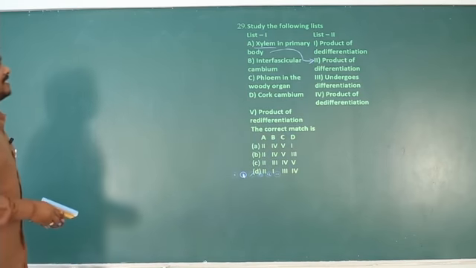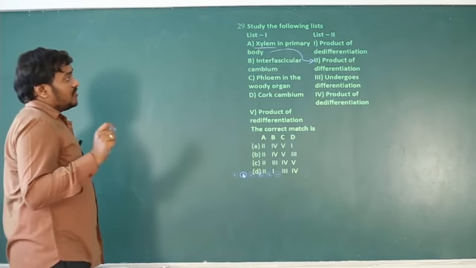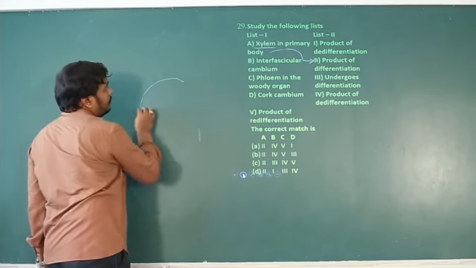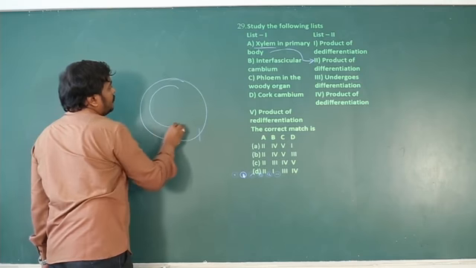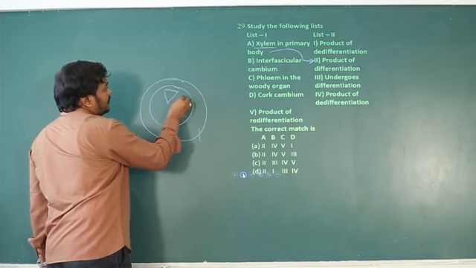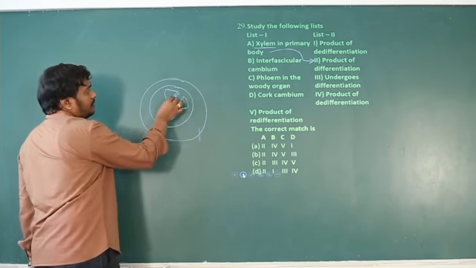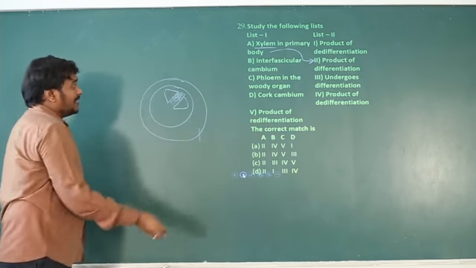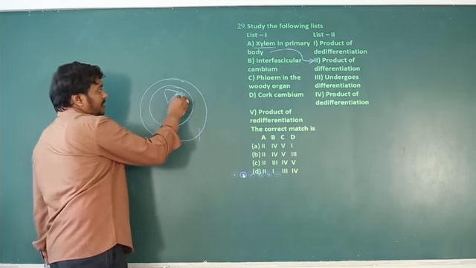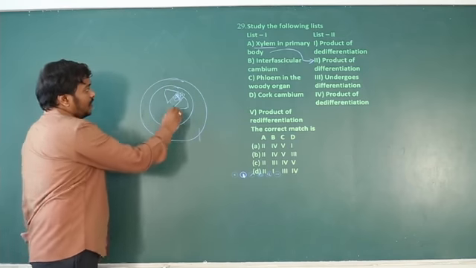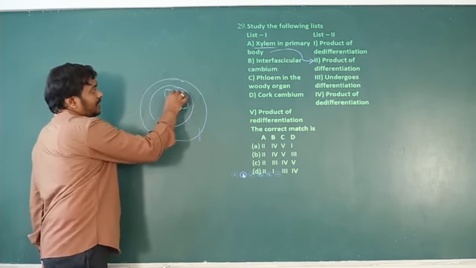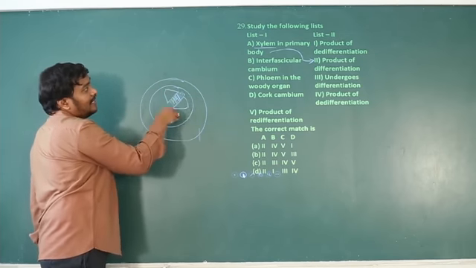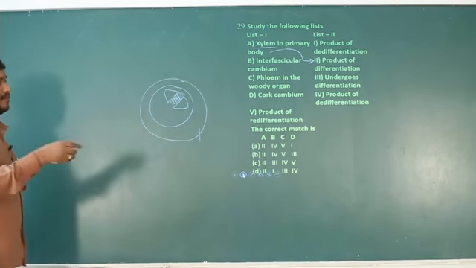So next, interfascicular cambium. If you imagine, the interfascicular cambium is the cambium which is produced in between the two vascular bundles. Here there are parenchyma cells. These parenchyma are already matured ones. They regain the ability of division, called de-differentiation. So during de-differentiation it becomes meristematic. Now this cell undergoes division to form many cells. So these cells are again converted into xylem or phloem.